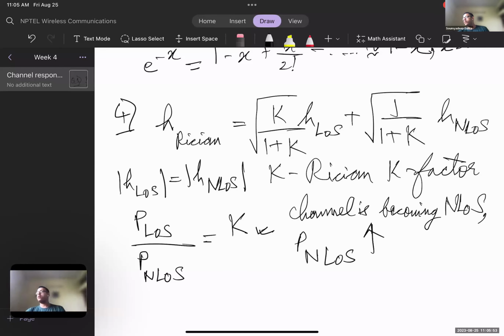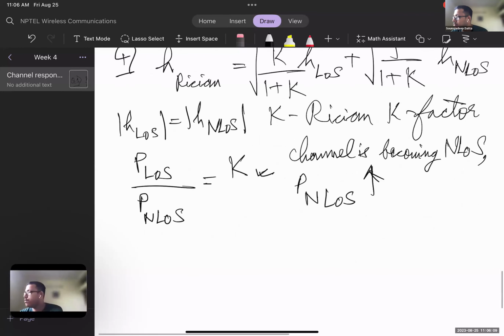When does this happen? Let's say you have a line of sight channel and there is some kind of obstacle in between, like maybe a tree.